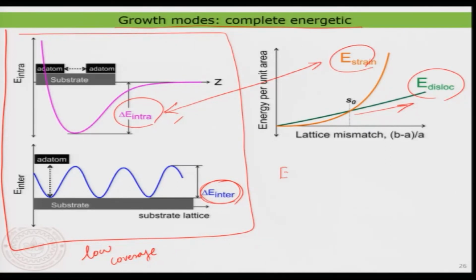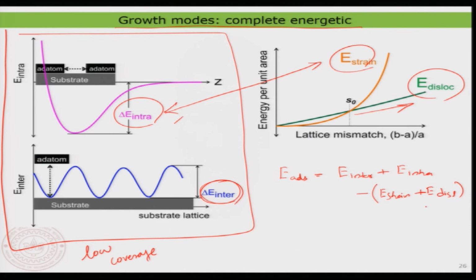And so therefore, if you want to call something like an E adsorption energy of the atoms at the interface, you can generally call it a sum of E inter plus the sum of E intra, and you may also say that this can be negatively contributed by the E strain field plus the E dislocation part.